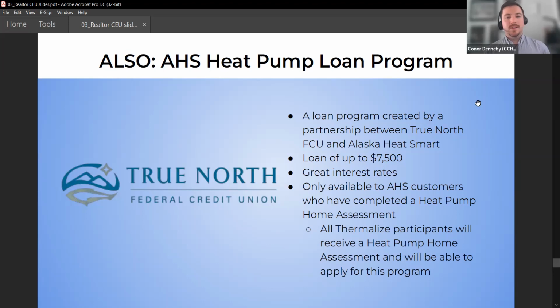If they're already familiar with it, they may be much more willing. But if somebody's on the fence, providing a financing option is a good way to get people moving on that type of stuff. And so this is something that the Thermalize campaign is doing in Juneau, but it's something you can probably reach out to if you're outside of the state, or outside of Juneau, to get more information on what's applicable locally.